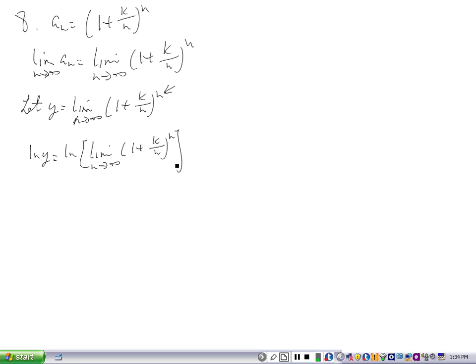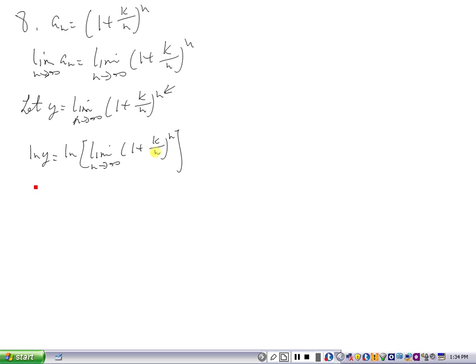The sequence is continuous on the open interval from 0 to infinity. It is not continuous at n equals 0 because I have an n in my denominator, and you don't want your denominator to give you 0.